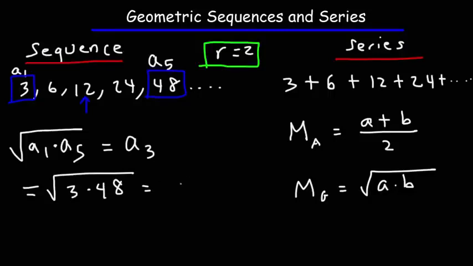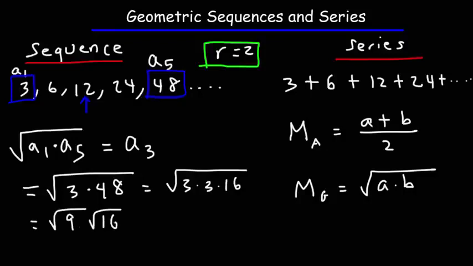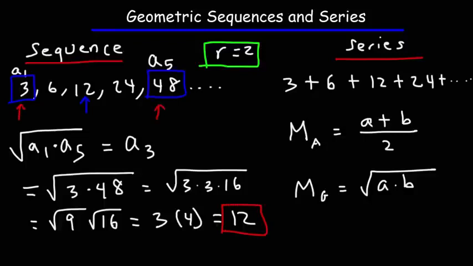If you're not sure, what you could do is break it up into smaller numbers. 48 is 3 times 16. 3 times 3 is 9, so you have the square root of 9 times the square root of 16. The square root of 9 is 3. The square root of 16 is 4. 3 times 4 is 12. So the geometric mean of 3 and 48 is the middle number in the geometric sequence, which is 12.